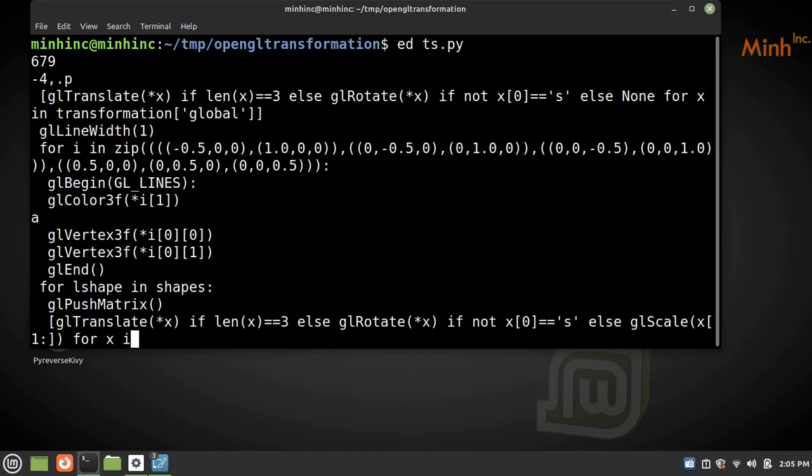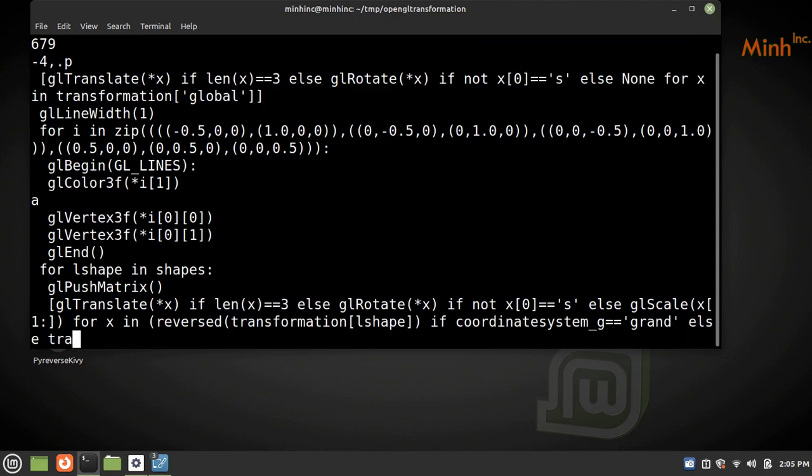Okay, so for x in reversed transformation L shape, if coordinate system G equal to global, else transformation.